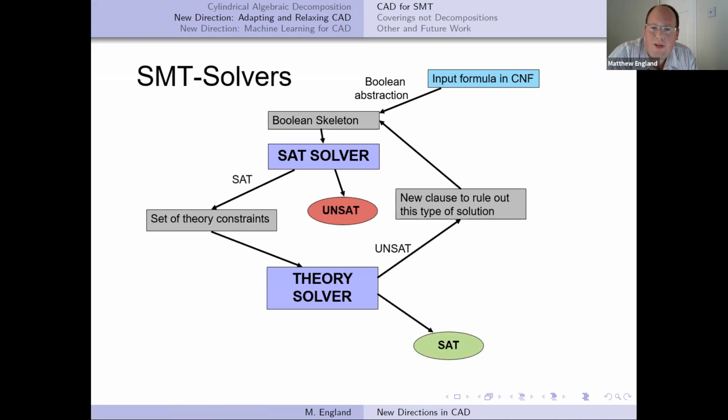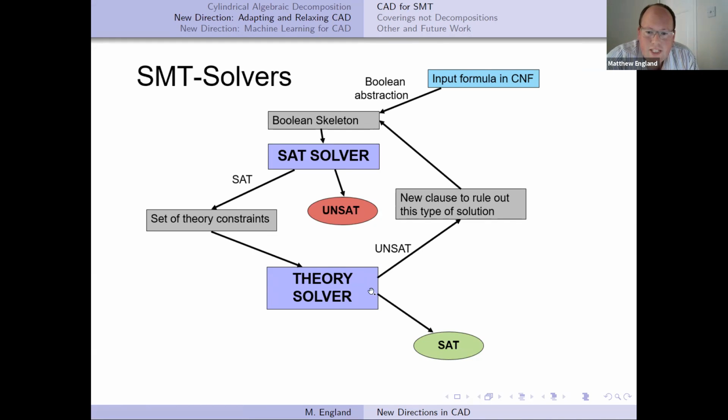So the schematic for how these SMT solvers work tends to look a bit like this. You have your input formula, and then you perform what's called the Boolean abstraction, which basically means you take your atoms, which for us are polynomial sign constraints, and you replace them by Boolean variables to form a SAT problem in Boolean logic, called the Boolean skeleton. Let the SAT solver study it. It will hopefully propose a solution. And that solution will say these variables have to be true, these ones have to be false, and that defines some polynomial constraints for us.